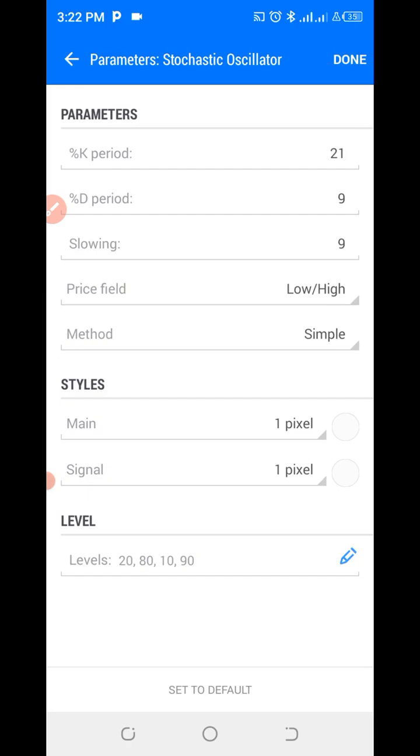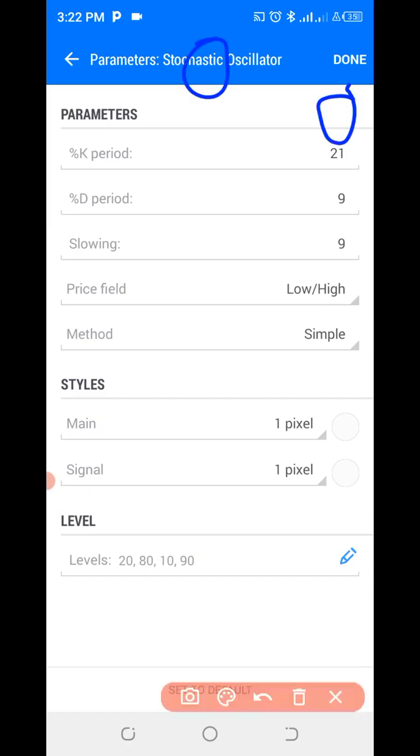Then the D period is 9, the slow period is 9, price field is low, high, method is simple. The difference is that on the moving average the method is exponential, while on this stochastic oscillator it is simple.